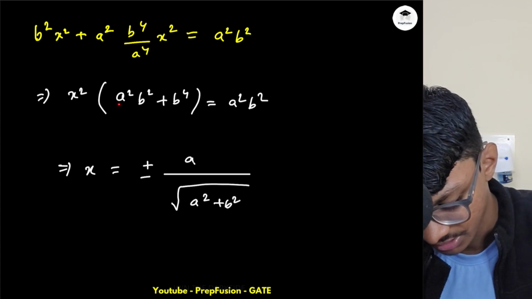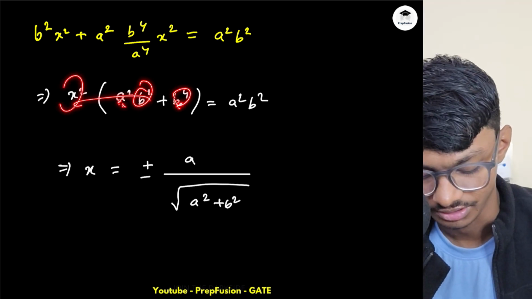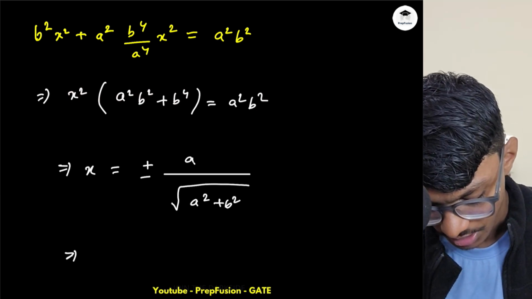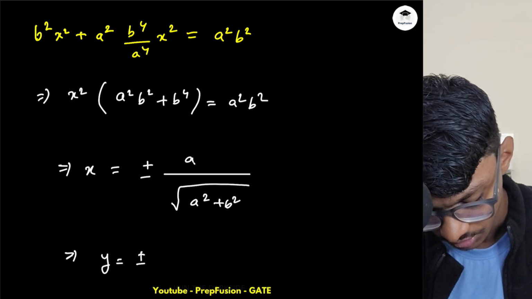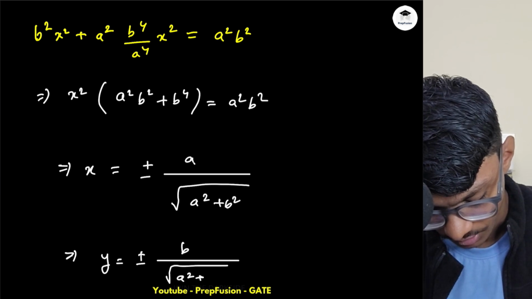What I've done, I have just taken this b square common. So this has been left with b square and this has been left with a square, and this b square has been cancelled over here. So x is this and my y will be something like this. b upon, you can compute it, b upon under root a square plus b square.